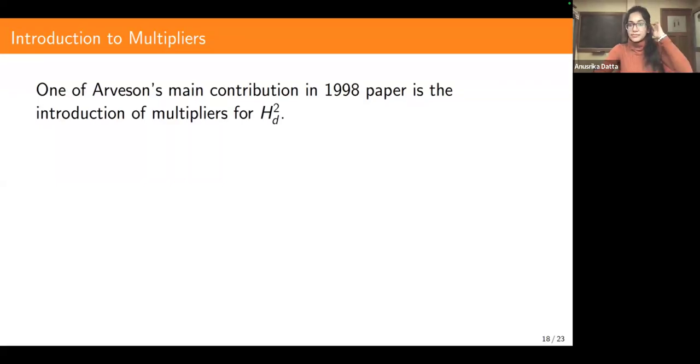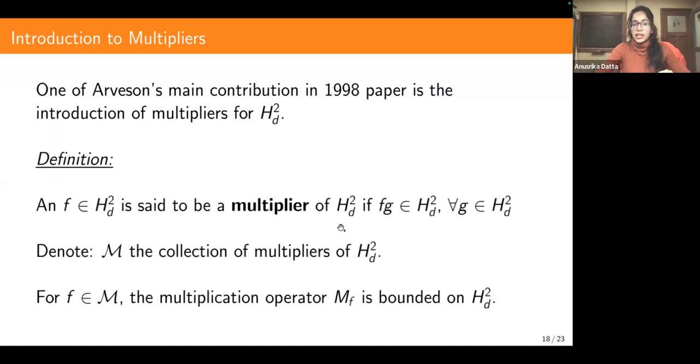I'm going to explain in a bit why the multipliers are important, but let's first define them. A function f on the Drury-Arveson space is said to be a multiplier if f times z is in the Drury-Arveson space for any z in the Drury-Arveson space. That is, we say it is a multiplier if it multiplies with all the functions on the space and gives another function on that same space.